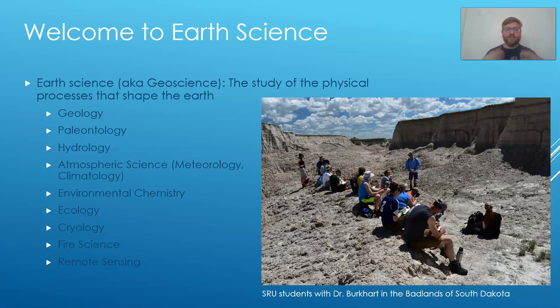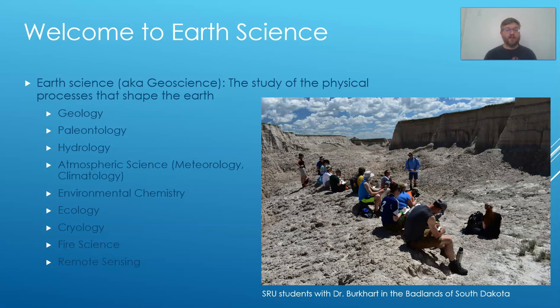So you have geology, which is the study of rocks and landforms, like the solid pieces of the earth. We have paleontology, the study of life in the past of Earth that's preserved in the form of fossils and certain chemical signatures in rocks and so forth. And we can reconstruct the past of the Earth through paleontology.